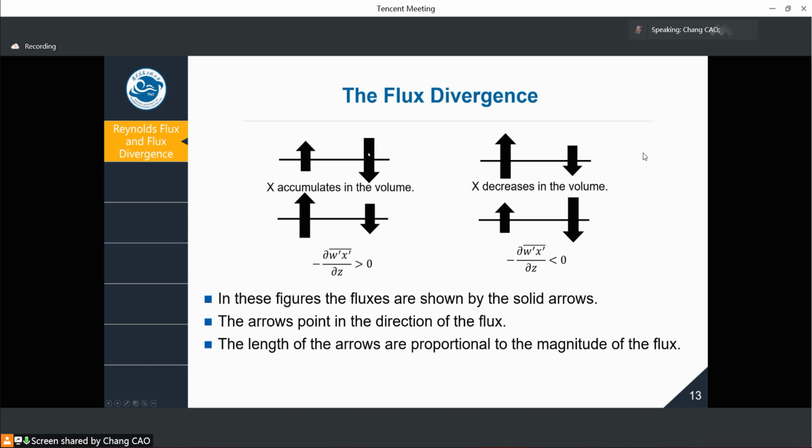So the absolute value is bigger, but since it has a negative value, as z becomes higher, the flux becomes smaller. So this one should also be smaller than 0. But because there is a minus sign here, the total effect is that it is positive. Can you understand why under these two conditions, they both give positive values?